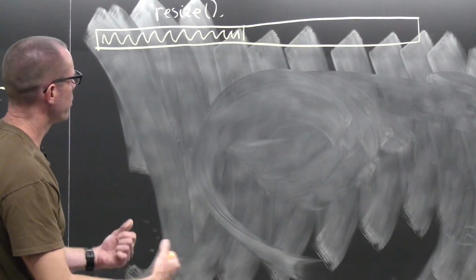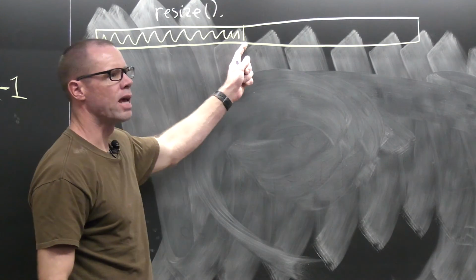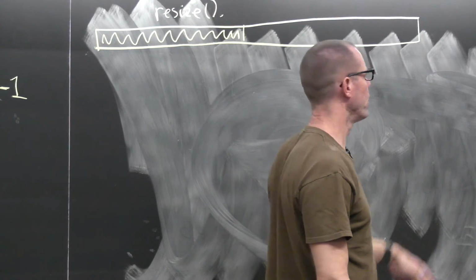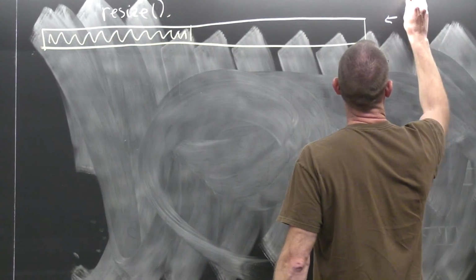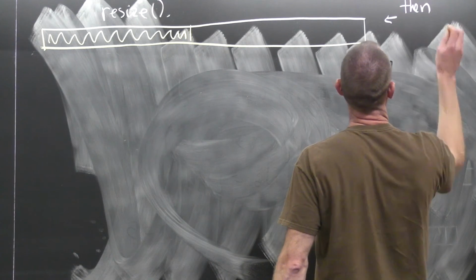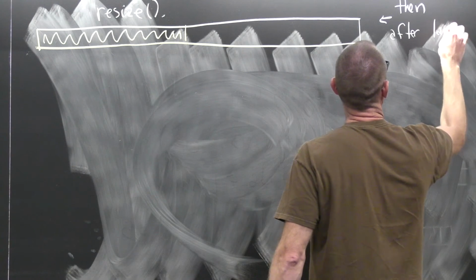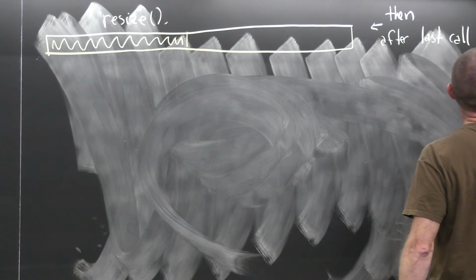Resize gives you an array that's twice as big as you need, so it's half full, and this half is empty. We'll call that then. It's in the past, after the last call to resize.